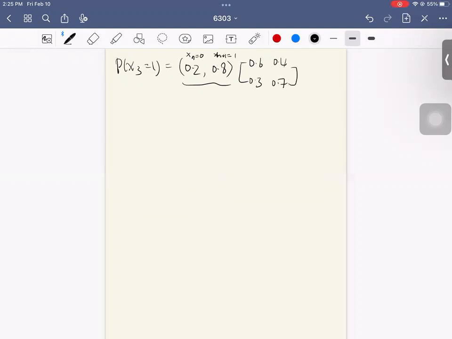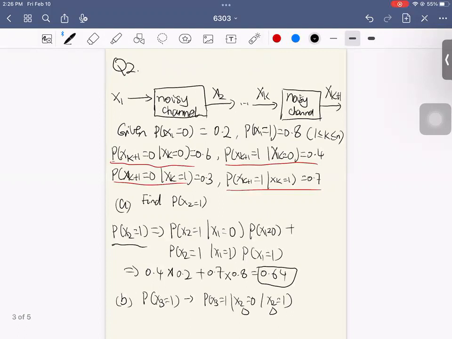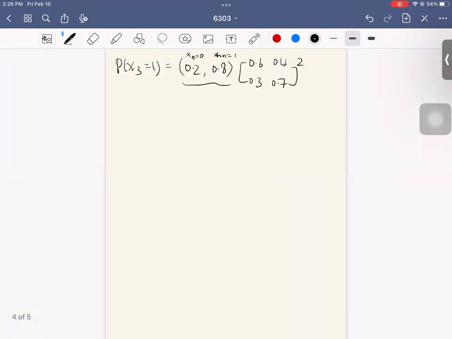Since we need two operations in this equation, we need the exponent 2 right here. The reason for 2 operations is because we need to calculate x2 equals 0 and x2 equals 1. Also, we need to calculate the one before x2, which is x1, the two cases of x1. So here we need 2 operations.